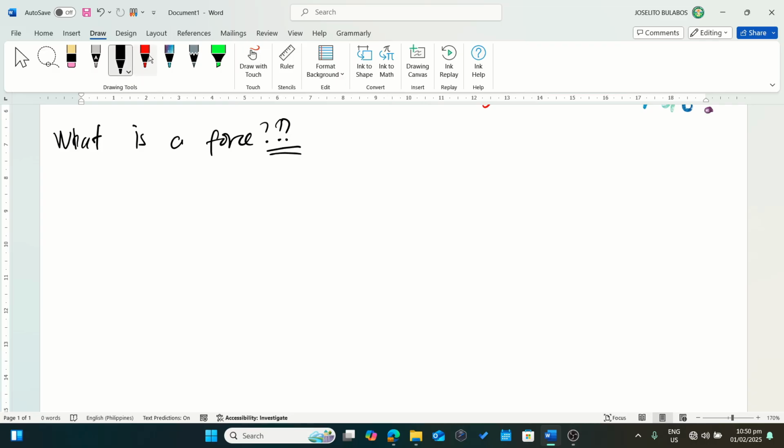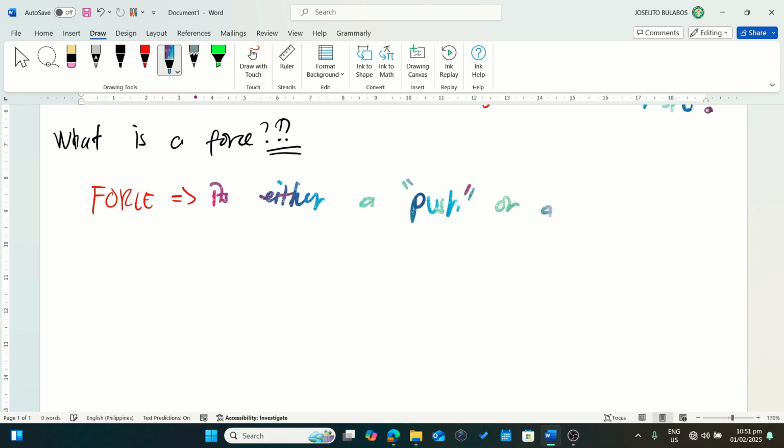Well, in general, when we say force, it could be a push or a pull. What do we mean by this? This is our definition of force. So it could be a push or a pull.